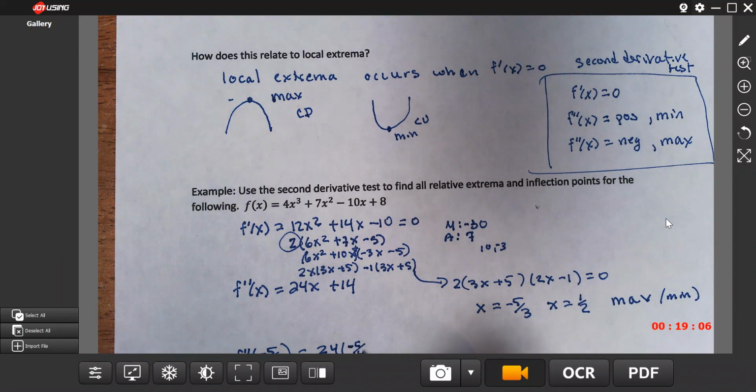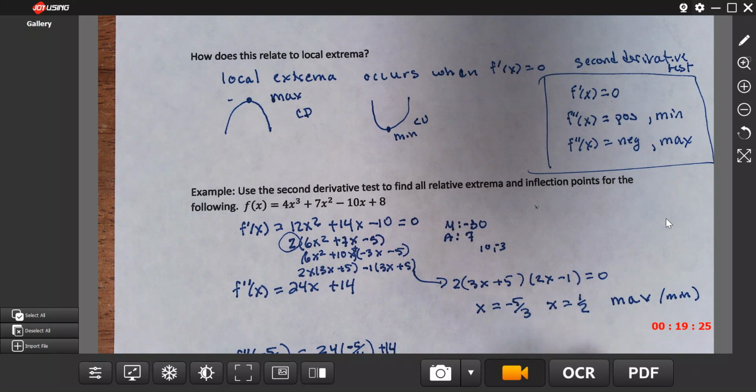So negative 5/4 plus 14, and so this gives me negative 40 plus 14, which is negative 26. So negative is the important fact. Therefore, I get a maximum.